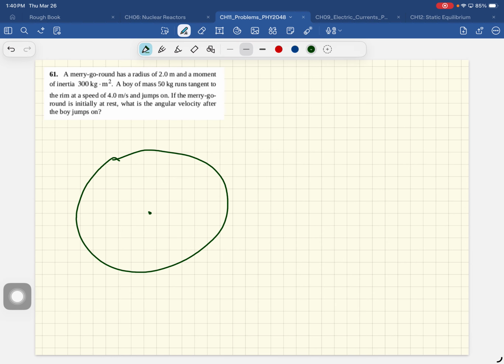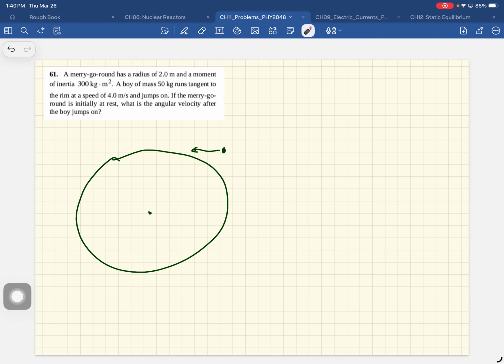So that is the initial angular momentum of this system. After the boy jumps on, the angular momentum of this system should equal this. Now the moment of inertia of this system is the moment of inertia of the boy plus the moment of inertia of the merry-go-round, which is given. So what is the final moment of inertia? It is 300 for the merry-go-round plus mass of the boy times the radius of the merry-go-round square.